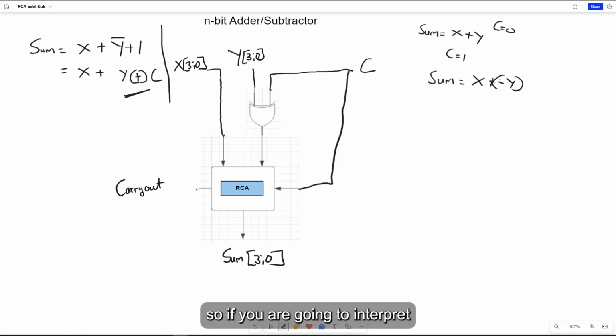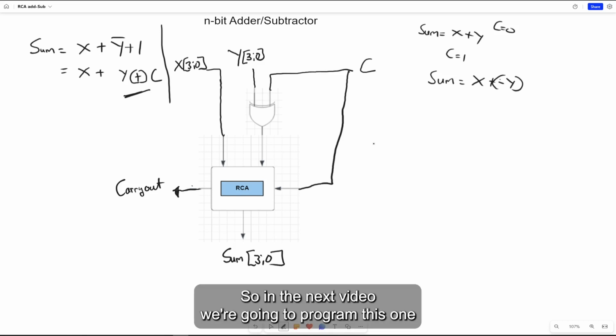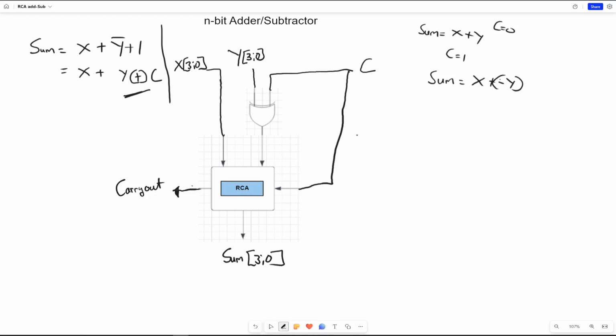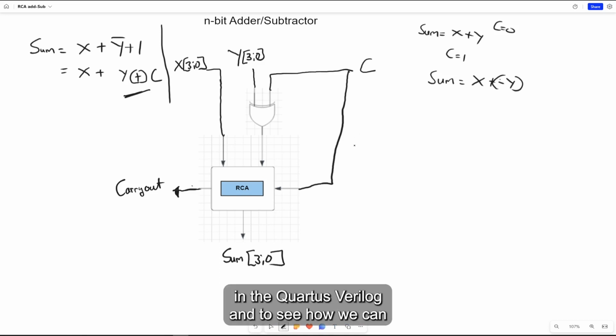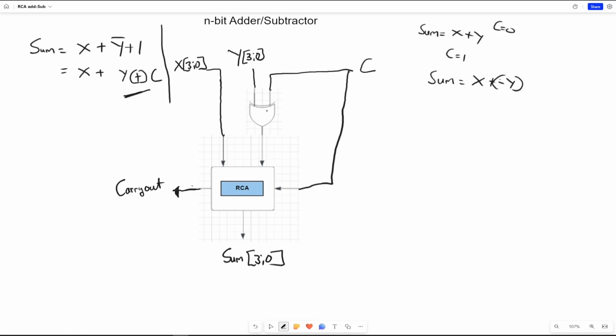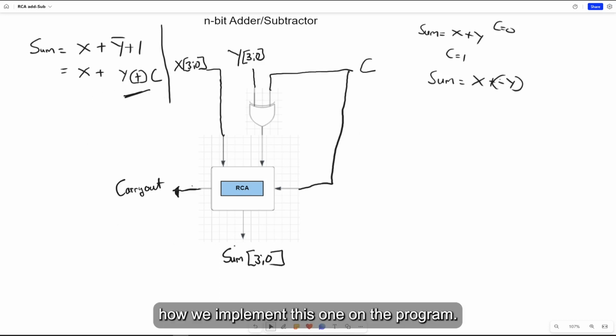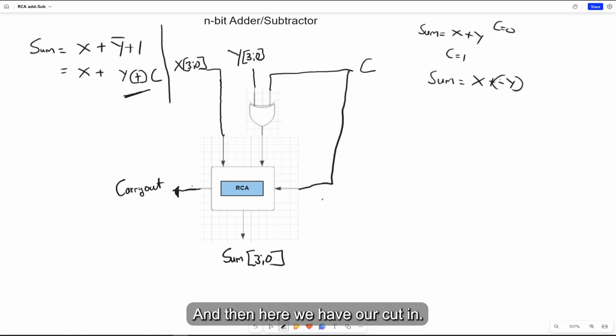If you're going to interpret this as complement numbers, this is not useful. So in the next video, we're going to program this one in Quartus Verilog and see how we implement this in the program. And then here we have our carry in.